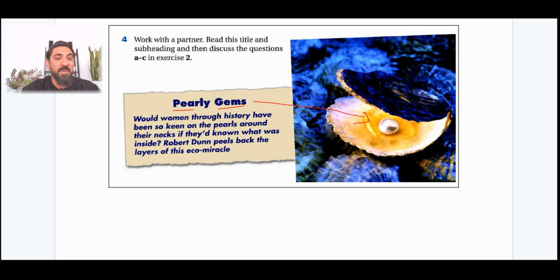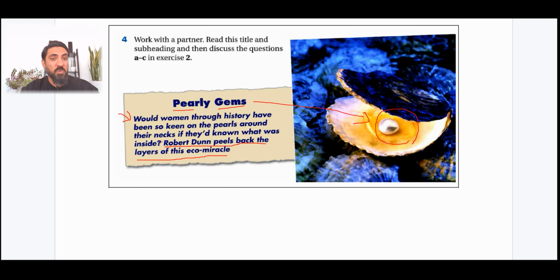Robert Dunn peels back the layers of this eco miracle. So I told you that the last sentence, which is the person or the scientist that explains, can come at the beginning. So you can say Robert Dunn, who peels back the layers of this eco miracle, would say that women in history, if they knew what was inside these pearls, would they be so interested?